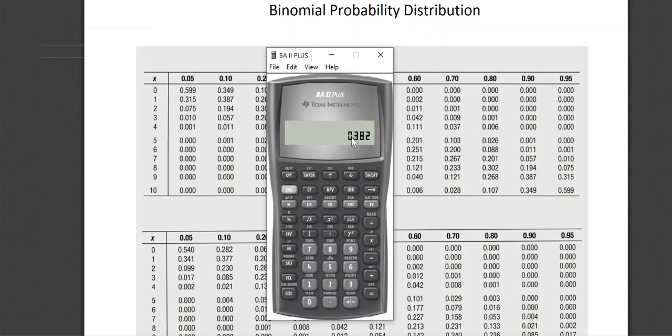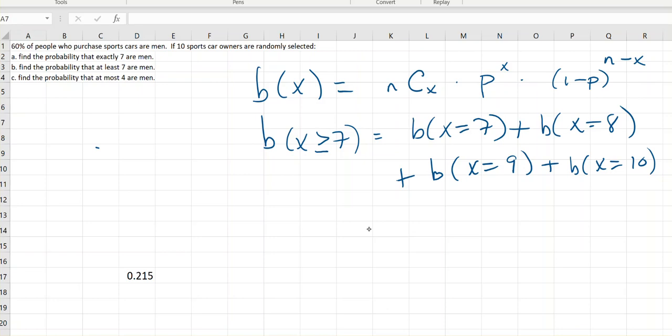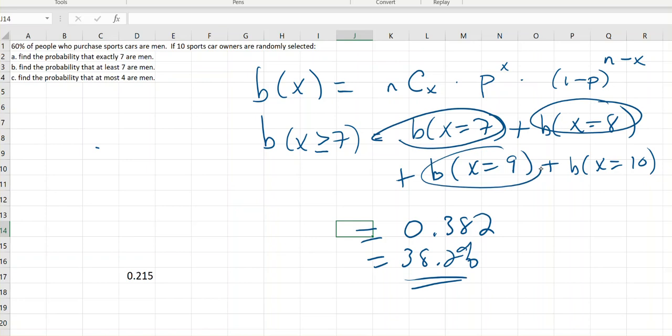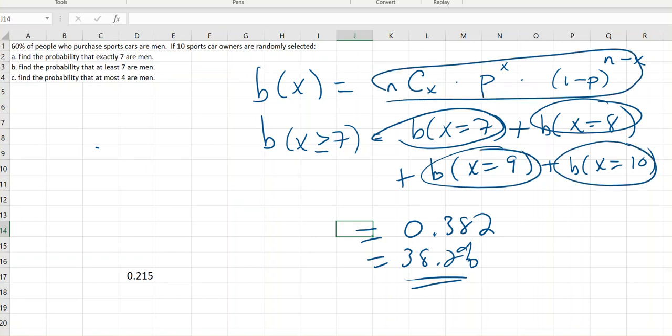And the answer is 0.382. All right. So let's go back over here. So this will be equal to 0.382 or 38.2%. Okay, and you can also get the same result if you compute all of these using the formula, right? And you add them.